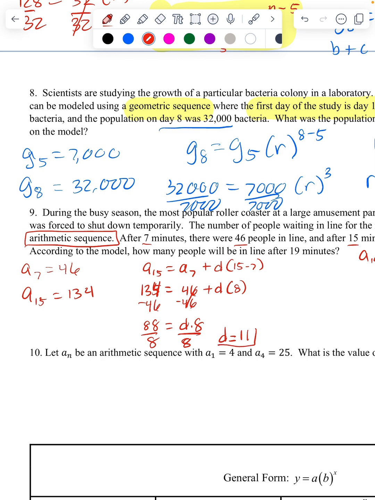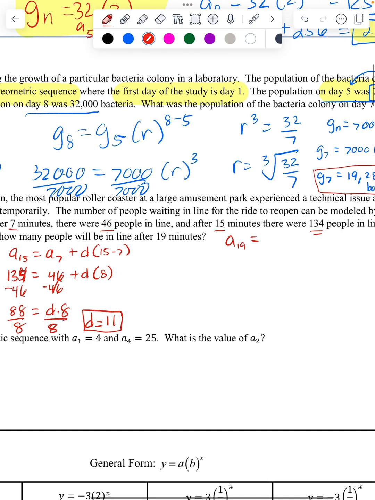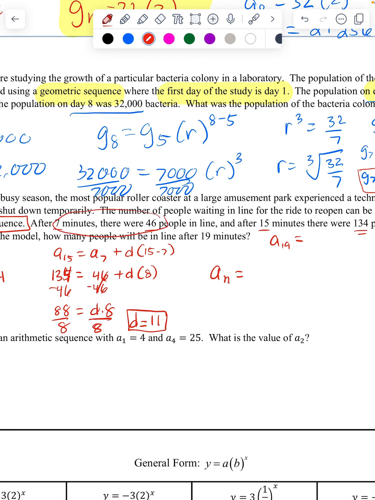And I kind of feel like I should get a cookie or something, but I don't really need to find the common difference for the answer directly. What I need it for is to build my general equation. I need a starting value, which I'm going to use as my 7th term of 46. I'm going to add my common difference. Since this is the 7th term, I'm going to have that be an n minus 7 in here. And they're asking me about a sub 19.